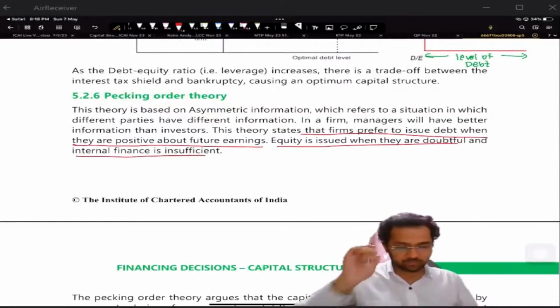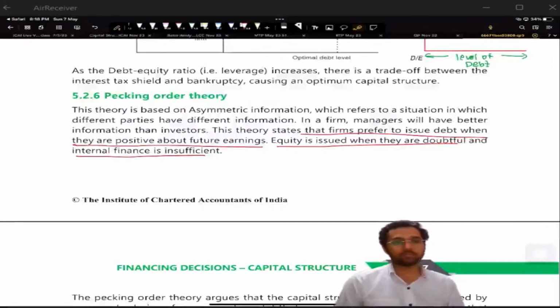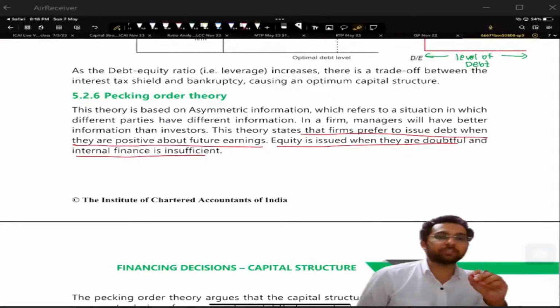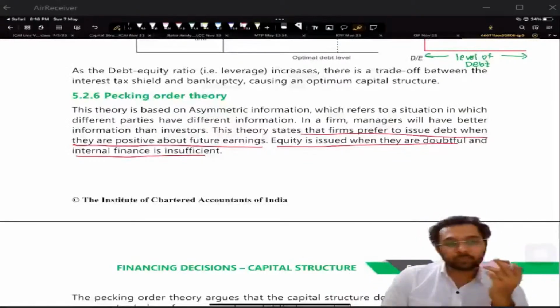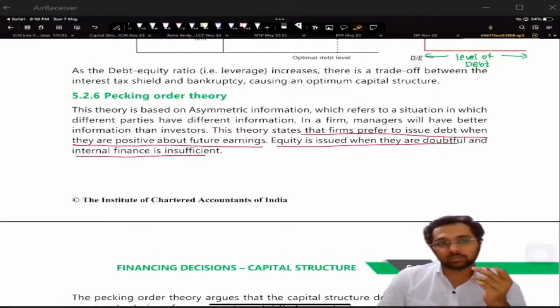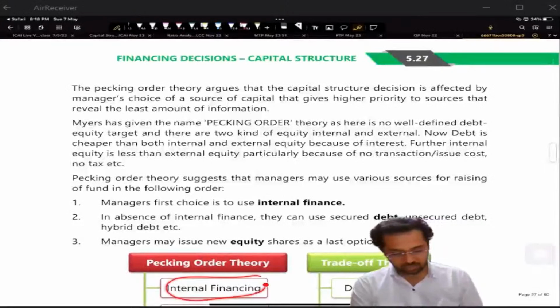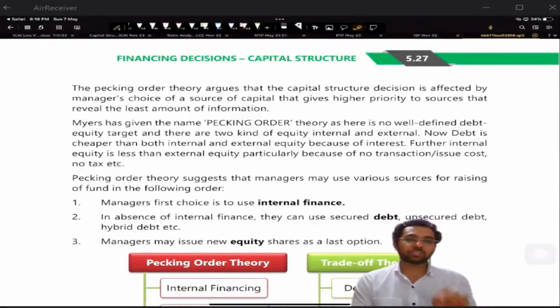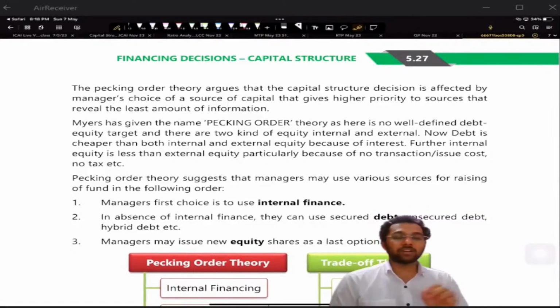So whenever a company wants to take up a new project in which they want to invest a substantial chunk of cash, what they prefer is to first go for internal finance. The manager should always look at whether I can fund my project by way of internal sources.